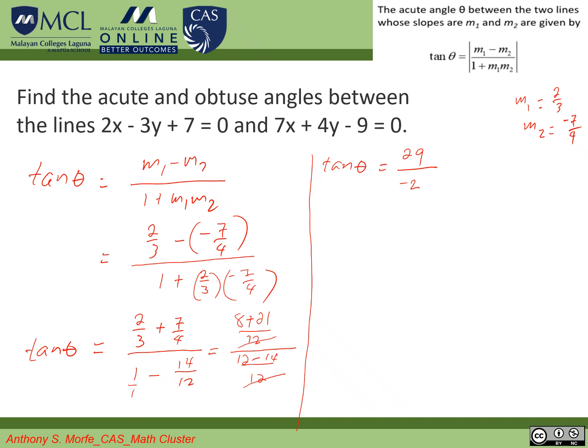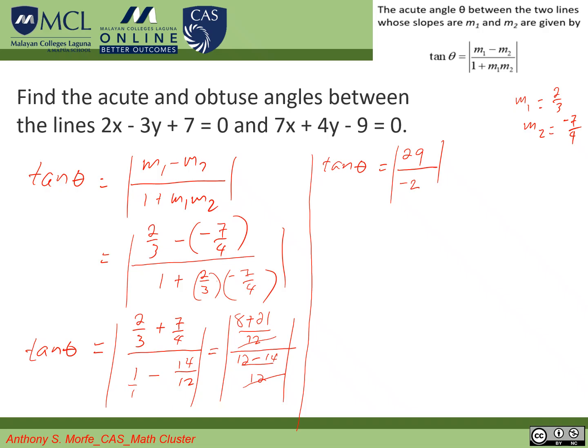Remember, this is absolute value. So we have here the absolute value of this, so this is 29 over 2, which is 14.5.